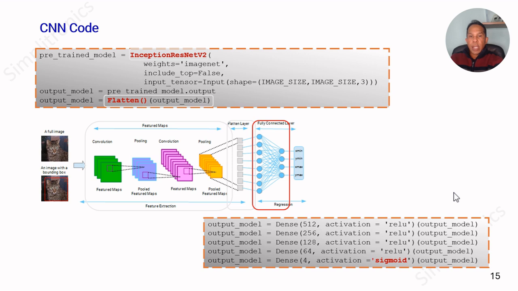Finally, we create a new network here that uses a sigmoid activation function at the output nodes. So here we have 4 output nodes: xmin, ymin, xmax, and ymax.